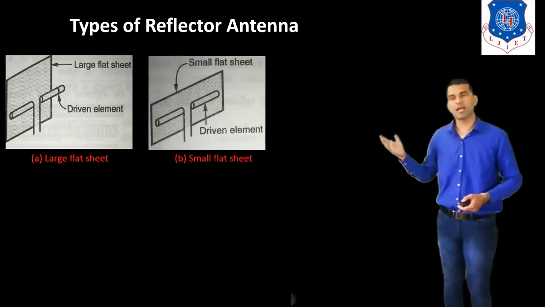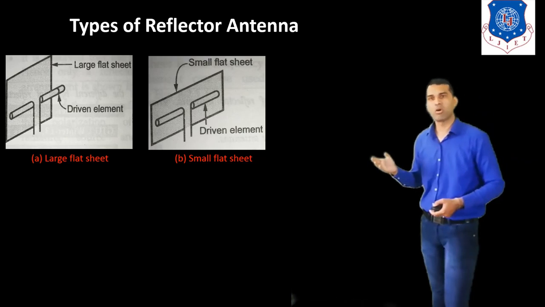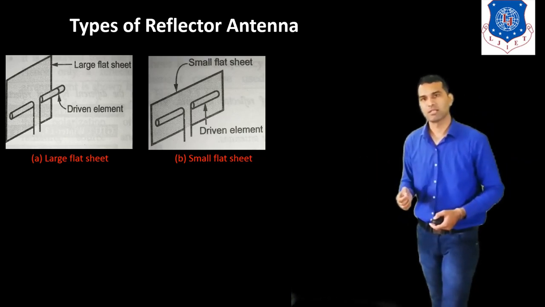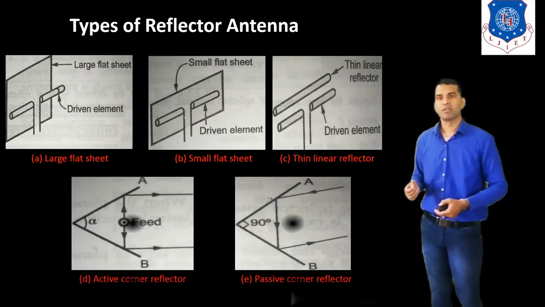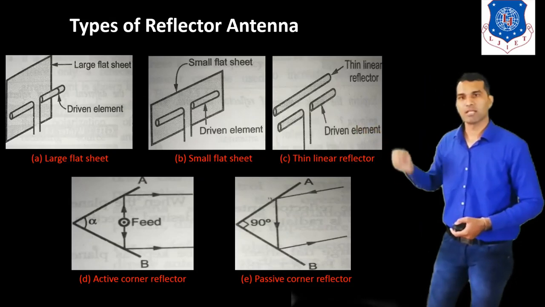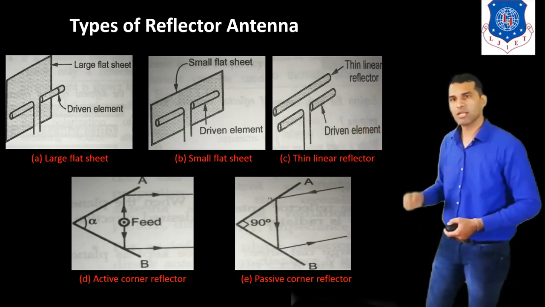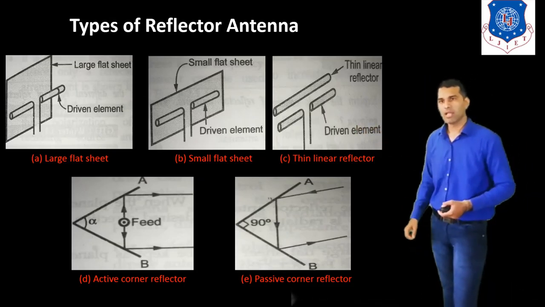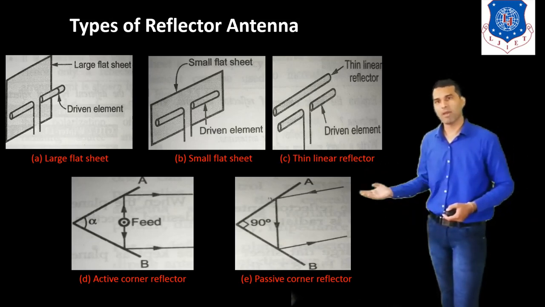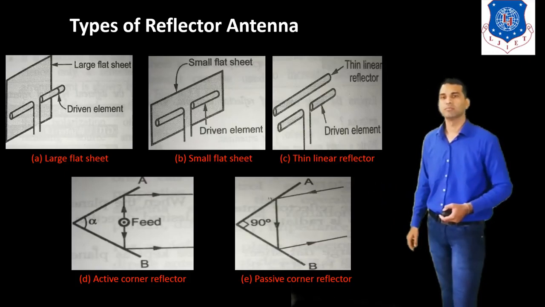Then instead of the large sheet we can also use a small sheet. This antenna is known as a small flat sheet reflector antenna. Then we can also use a simple thin wire as a reflector. So this is a thin linear reflector. Then other types are the active corner reflector and the passive corner reflector antenna.